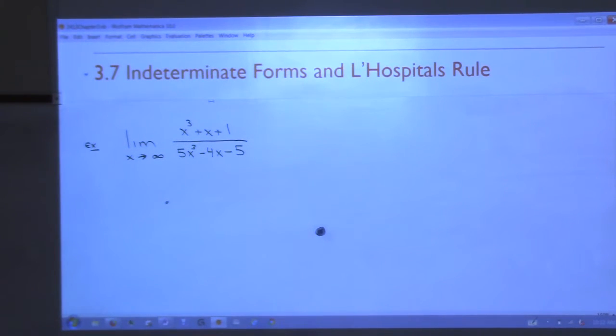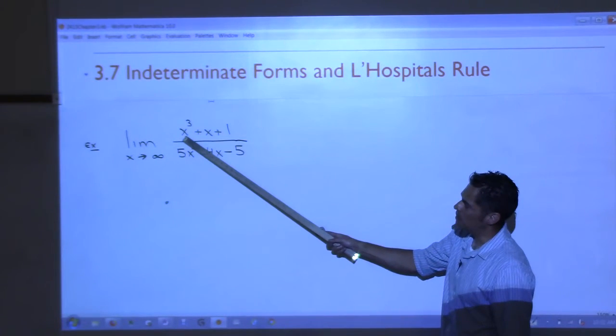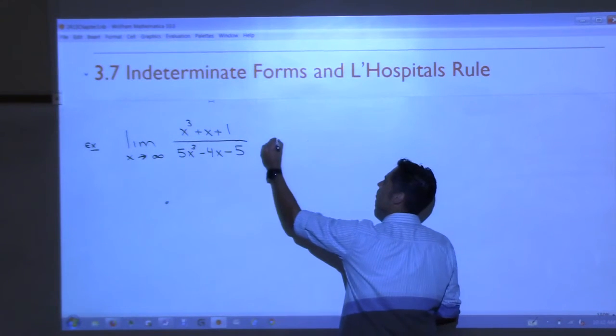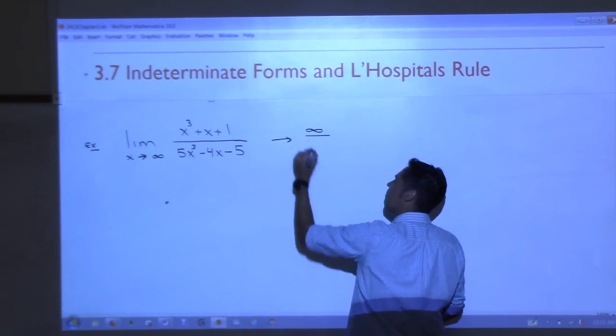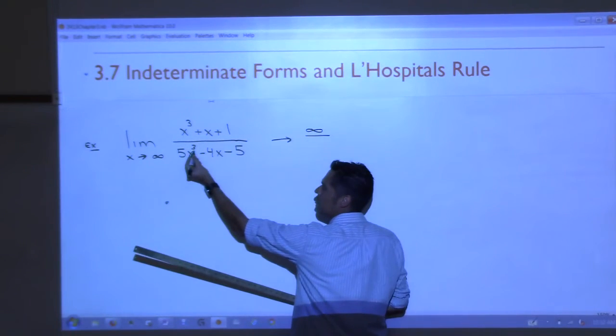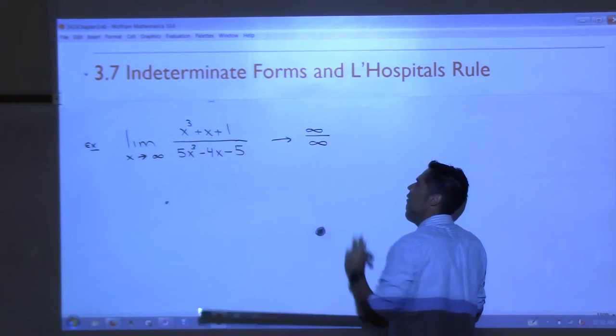Here it's becoming infinite. So the top is going to infinity. The bottom, infinity minus infinity. But remember we said the x cubed dominates the x. So this will go to infinity.